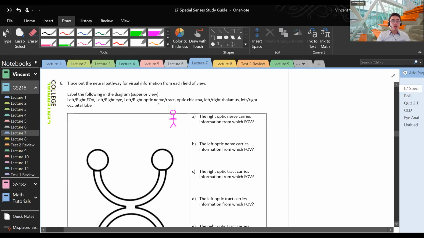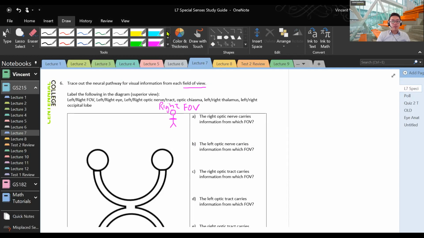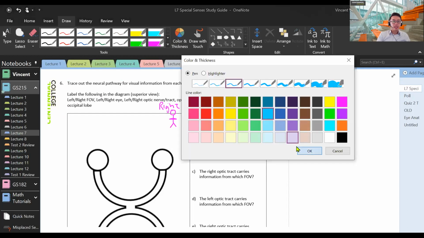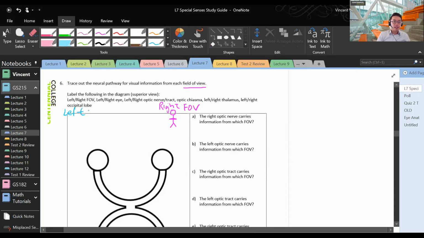This person is on my right field of view, FOV. Obviously on the other side, it's going to be the left field of view. And let me choose a different color here to illustrate this. And this is the left field of view. There's a little blue person here.